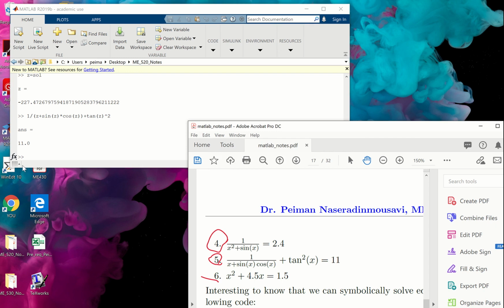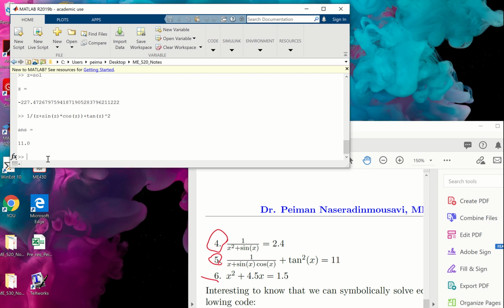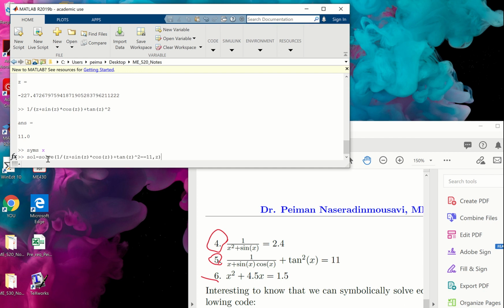Now number 6. Here we go. Okay. Number 6 is again, I'm now saying x. Oh, x. Okay. And now we can again solve. The equation is x squared plus 4.5. Don't write this. This is a mistake. Multiplied by z. Okay.